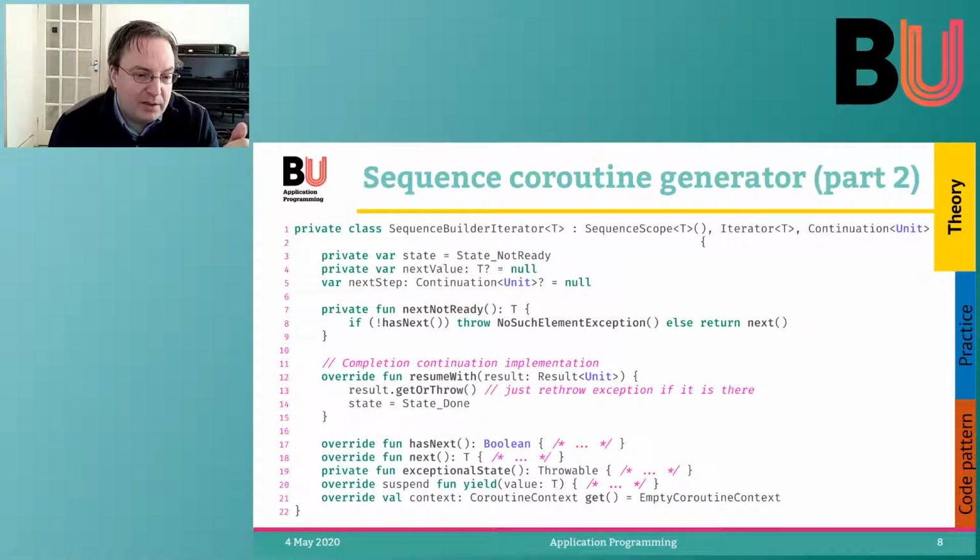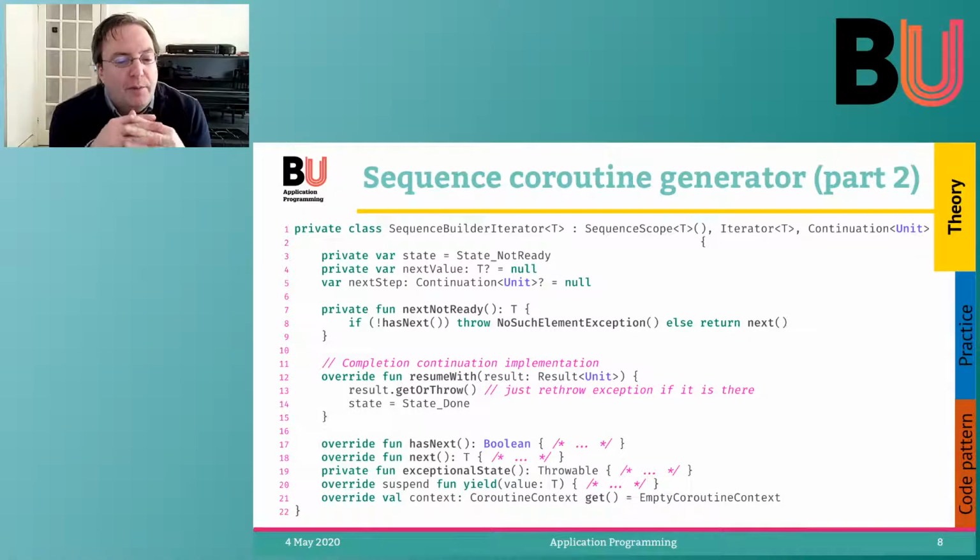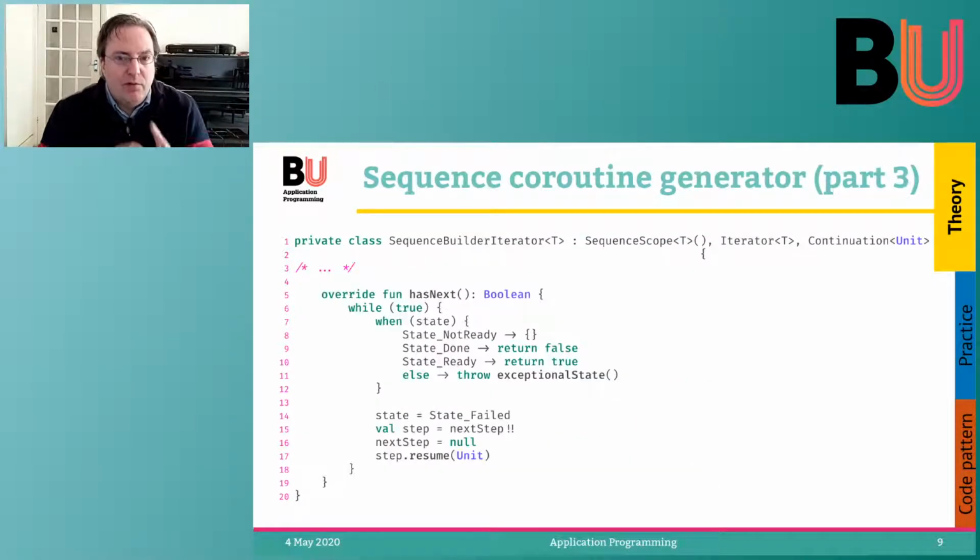Here you see a place where having unit is beneficial over having void, because you couldn't have a result of void, as there's no void instance whatsoever. Then we update our state, saying the iterator is done. We finished the block. There's nothing more. So when we then look at the next part, how is this implemented?